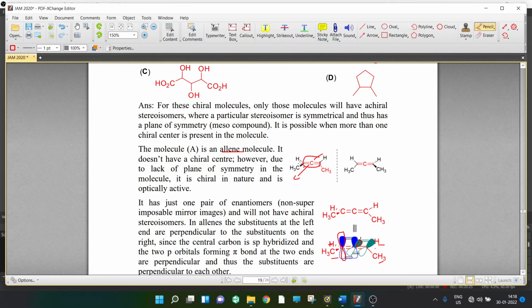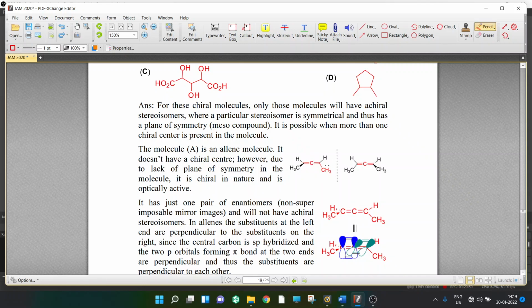Similarly, when I come outside the screen, I get CH3, whereas when I go from here inside the screen, exactly opposite, I see air, nothing is there, because these two are in the plane. So it has an asymmetric center. It does not have a plane of symmetry, and therefore it is chiral.